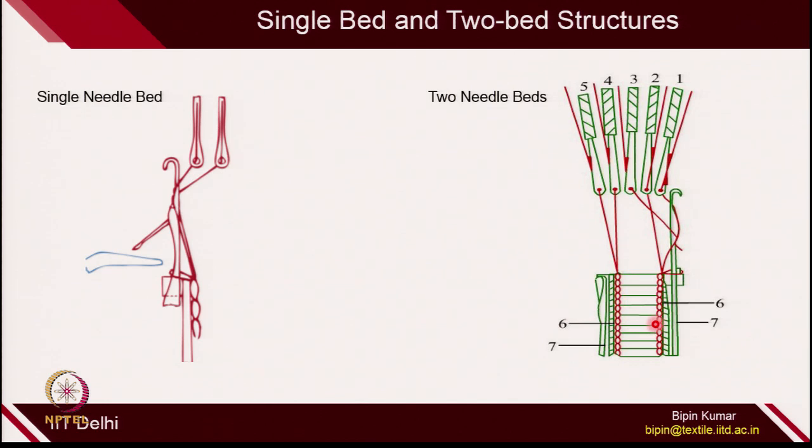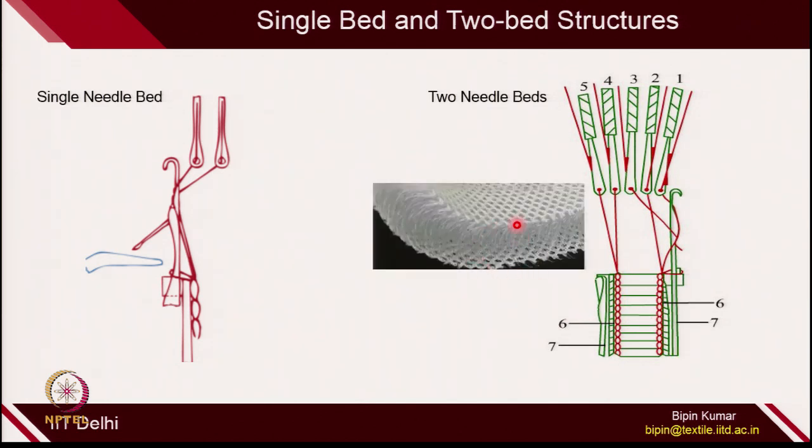So, two needle beds are required to create a tubular warp knitted structure, or you can go for creating a 3-dimensional fabric, which is used in cushioning. This type of fabric is called 3D spacer fabric, where two beds are there. One fabric is created on the first bed, the second fabric is created on the second bed, and these two fabrics are connected with the help of spacer yarn.